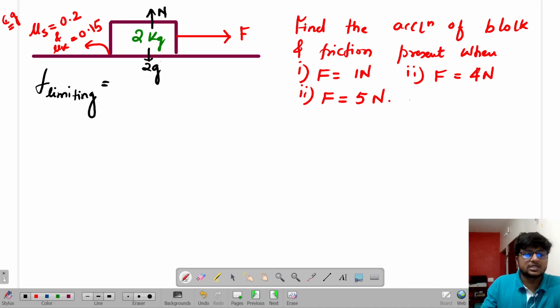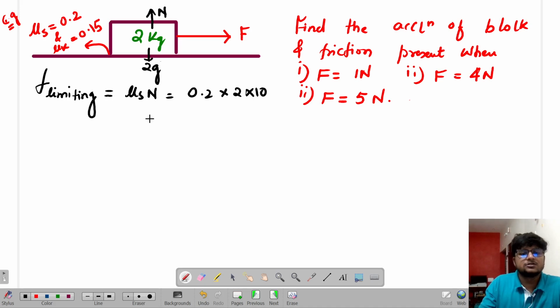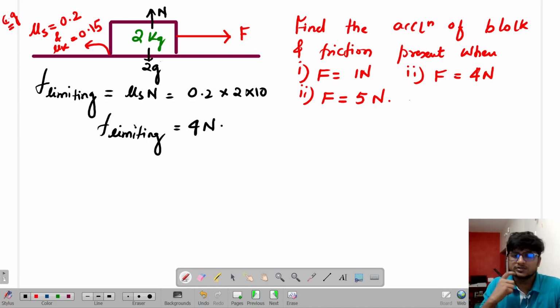What will be my F limiting? It will be mu s into N, which is 0.2 and normal is 2 into 10. So basically F limiting I'm getting over here as 4 newtons. Got it or not?